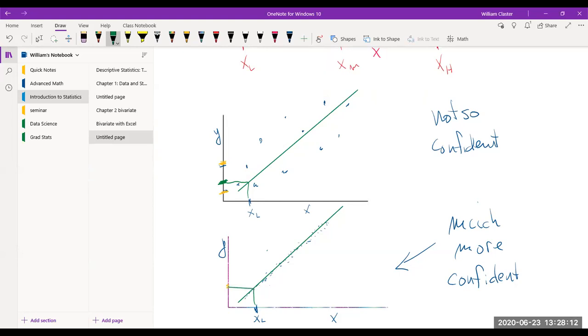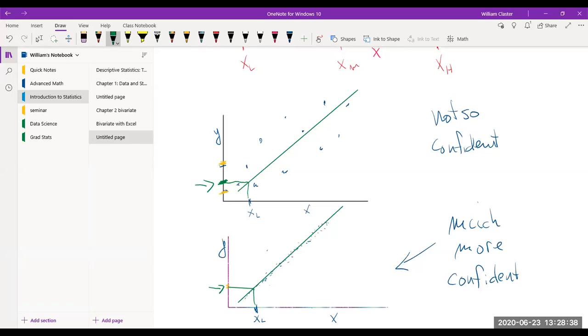Sorry about that. You know what I'm trying to draw, right? So everyone agree with that? Yep. So I'm going to predict here, and I'm going to predict here, right? Everyone agree? Yes.